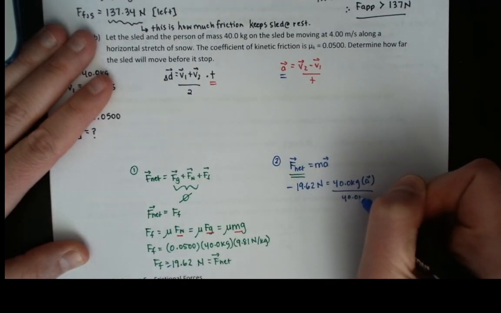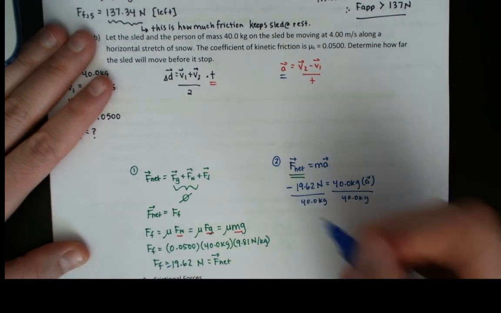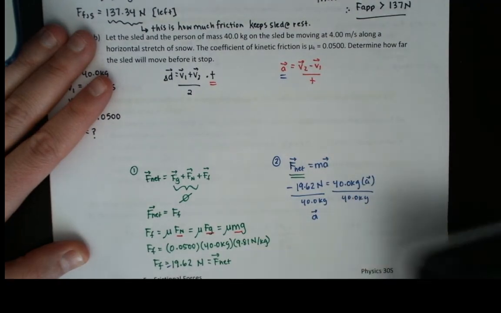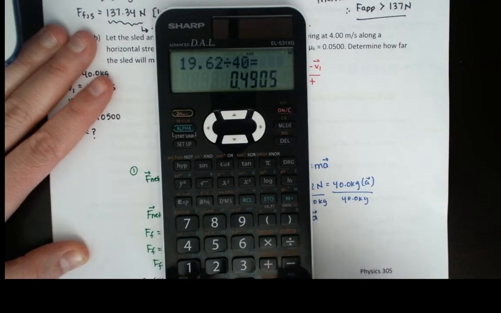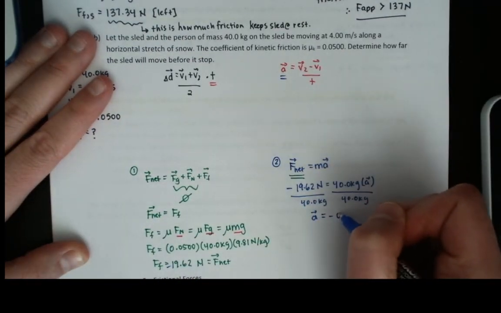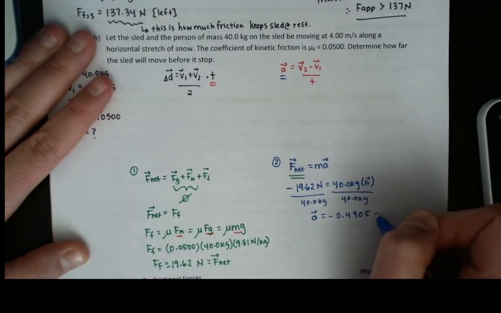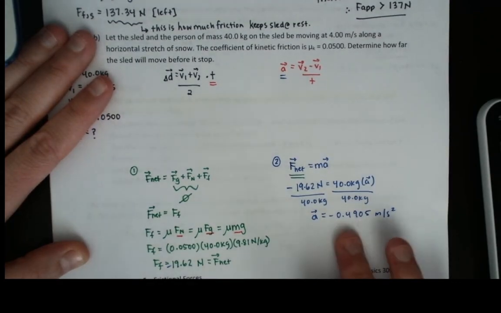Divide both sides by 40. Acceleration is going to be negative 19.62 divided by 40, which is negative 0.4905 meters per second squared, right? Because we're slowing down, so negative acceleration.